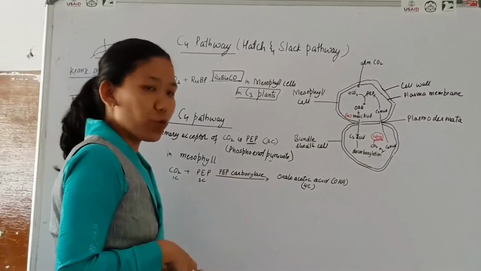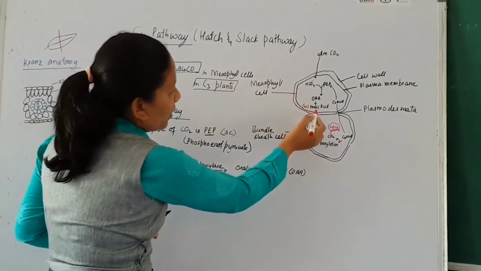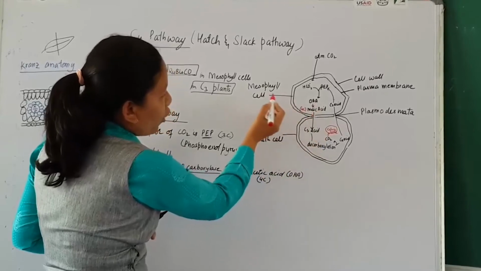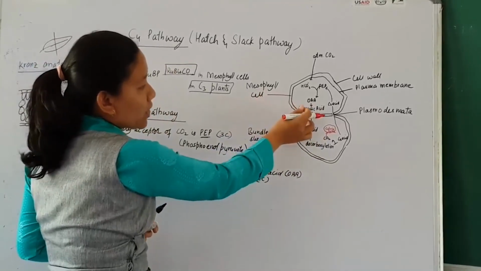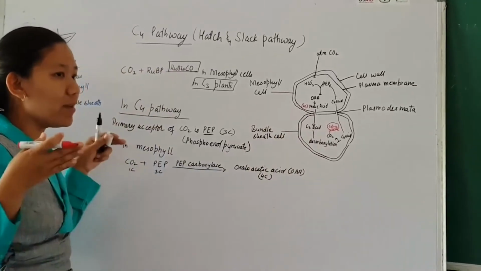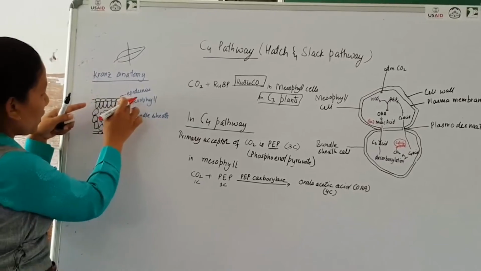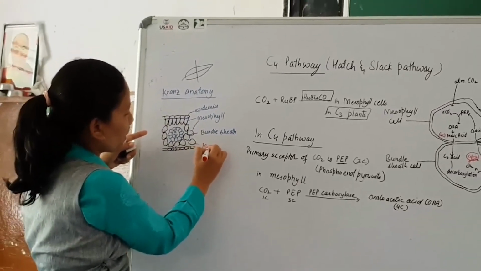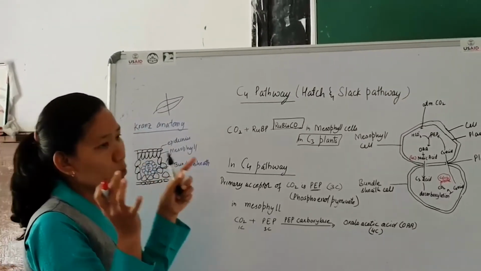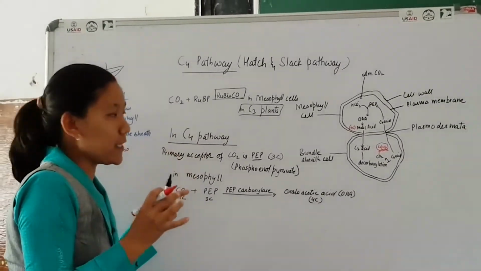So it can be converted to malic acid or aspartic acid. So whatever it is, the 4-carbon compounds formed in the mesophyll cell are transported into the bundle sheath, that is towards the inner side of the leaf. So these are mesophylls, these are also mesophylls. So the first carbon dioxide is trapped in the mesophyll cells.